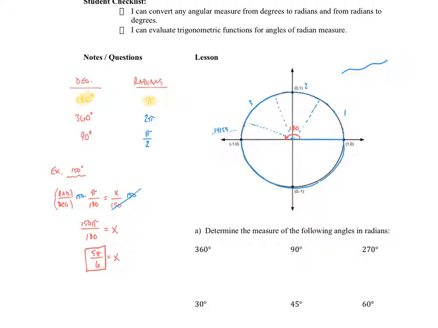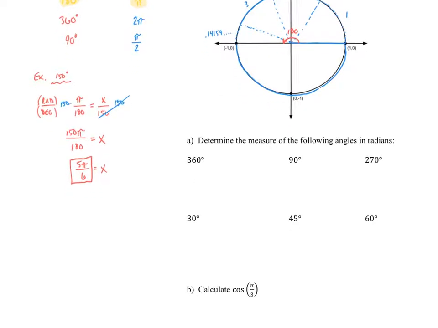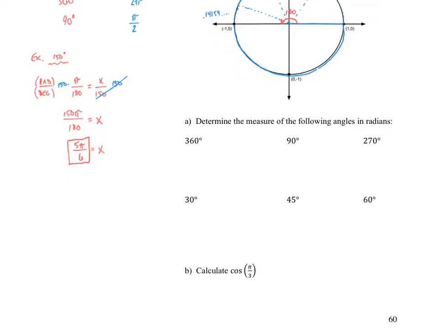What I'm going to ask you guys to do is, before you come into class tomorrow, I want you guys to take this concept, use that proportion, and complete A. I've already done a couple of them for you. We know that 360 degrees ends up being 2 pi. I'll show you that using our proportion. I know that pi is to 180, and that's always going to be our first fraction, as something is to 360.